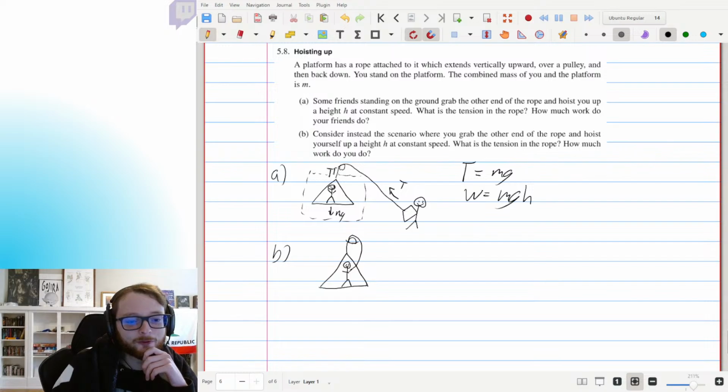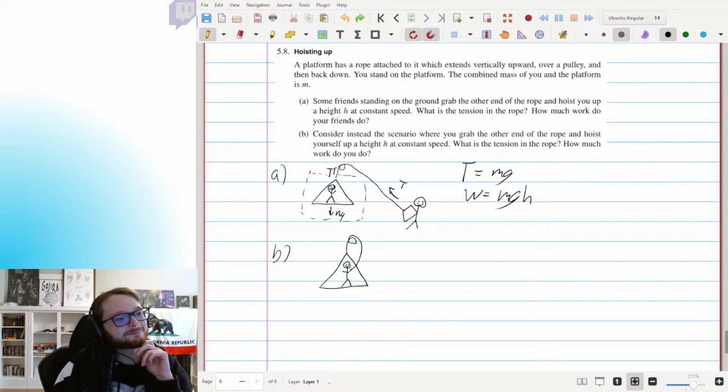This is definitely how a rope would attach to a pulley as well. Don't worry about it. So how does it work if I'm hauling myself up? I remember this issue came up in chapter 4 as well. We might want to look back at a previous problem from chapter 4 to be sure.